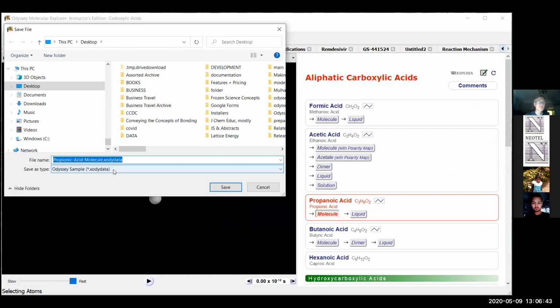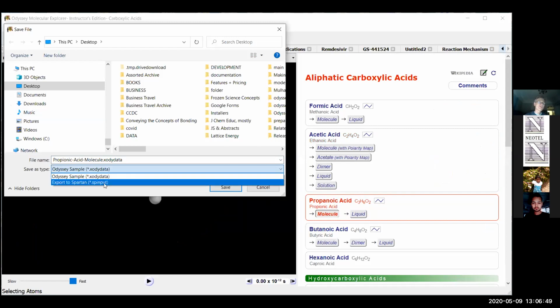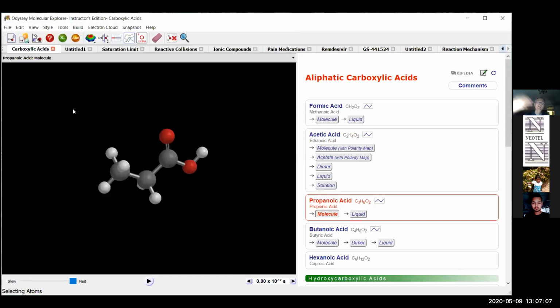I have the choice of XOD data, which is the native file format, and SP input, which allows me to export it to Spartan, the quantum program. Spartan has a long list. If you want to prepare it for some other quantum program, you would have to go through Spartan for that.